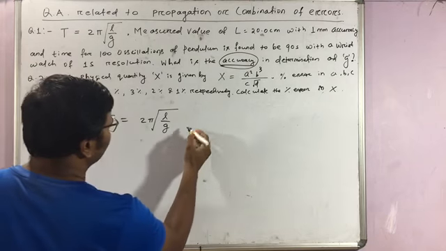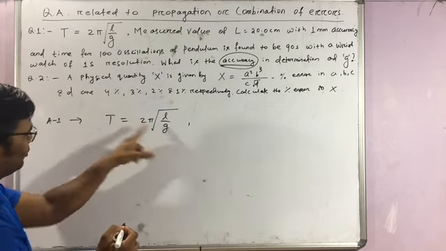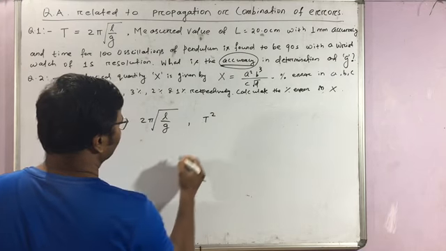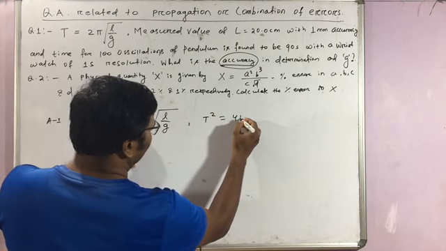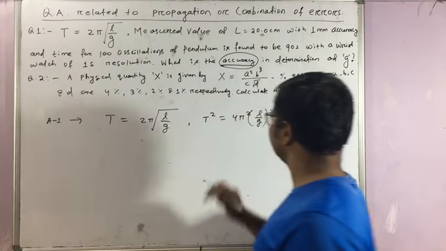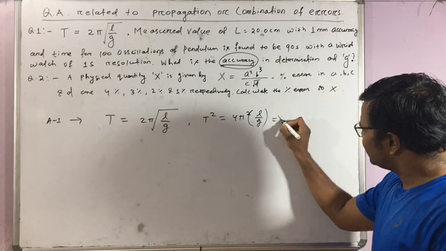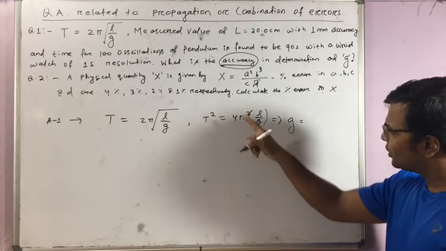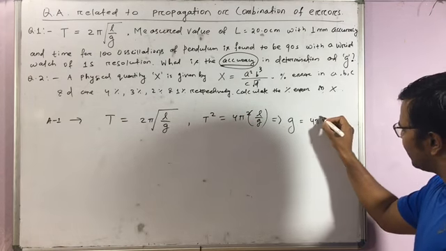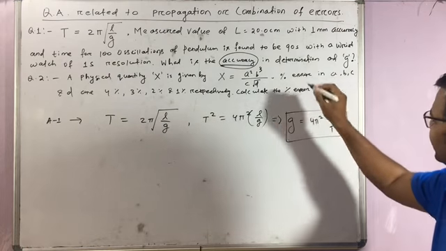Just square both sides. T square is equal to 4 pi square L by G. Clear? Now you find the formula for G, which implies G is equal to 4 pi square L by T square. This is your required formula in determining the value of G.